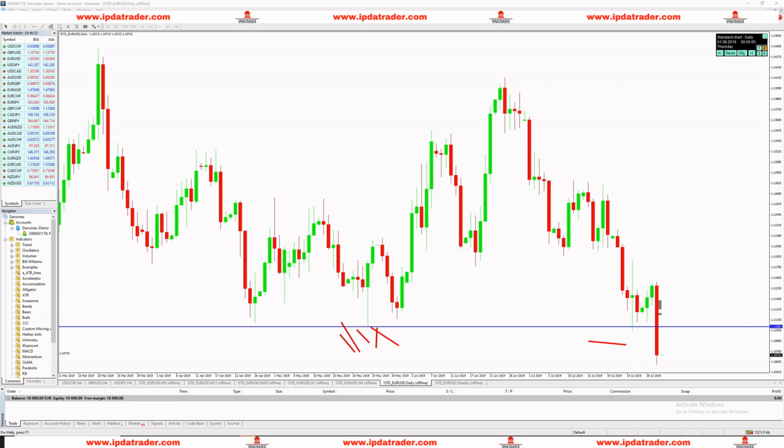We get a bias by constructing a narrative and story on what price is doing from a higher time frame perspective, okay? And this is exactly what I've done by looking at the multiple time frames and gauging direction. You must understand the bigger picture in order to anticipate price movement, and do not make the mistake of getting caught up on the lower time frame as well.